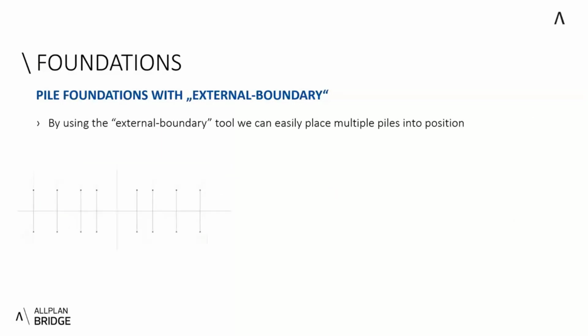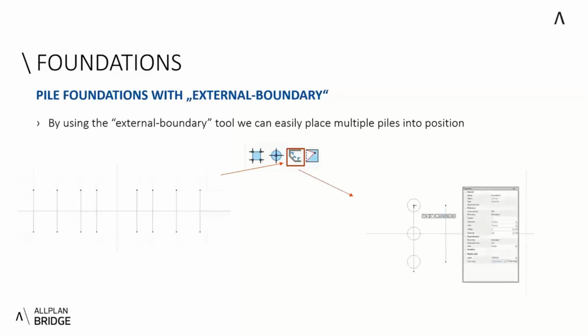And how do we do this? First of all, we have these vertical boundary lines that we created in the previous step. Now we see in the boundary tools window, we make use of the external boundary tool. We select this feature, we activate this function, we select an intersection, pick the existing cross-section of the pile, and place it in position on the farmost left side as we see on the right picture.